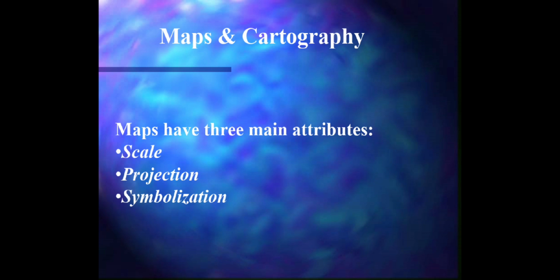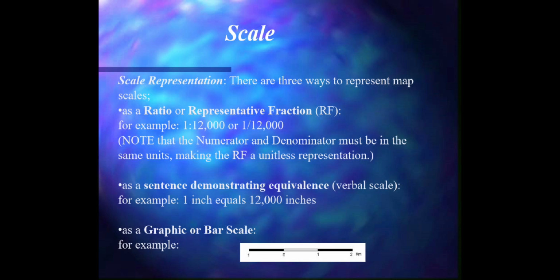Now maps and cartography: scale, projection, and symbolization are the main things here. For understanding these, we need the representative fraction, RF. The image is taken from the earth's surface, and the image is taken from the satellite.